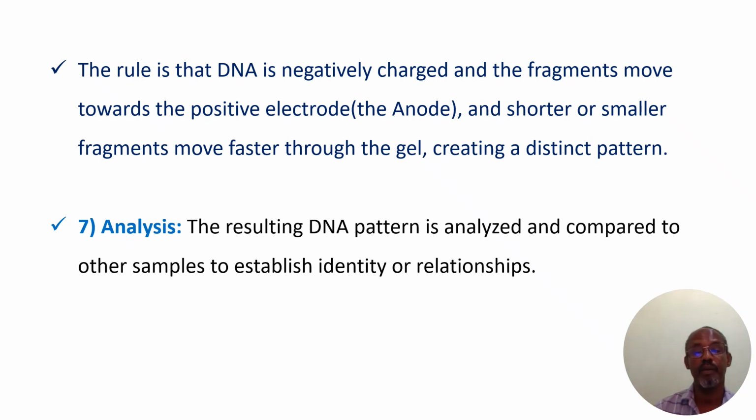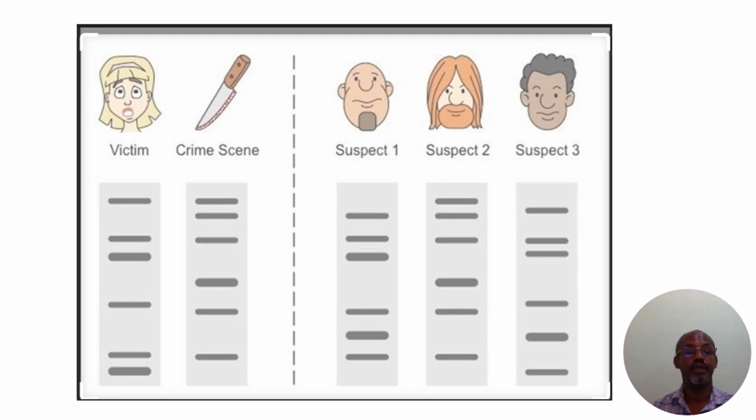The resulting DNA pattern is analyzed and compared to other samples to establish identity or relationships. It could be paternal relationships or identity of personality, so that we can decide this person is criminal and this person is innocent. Therefore, this is how it is done.